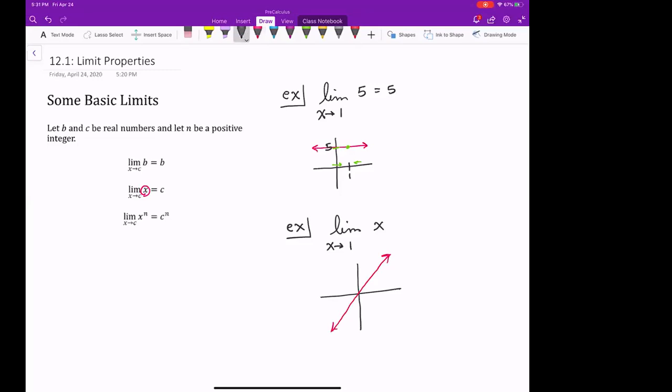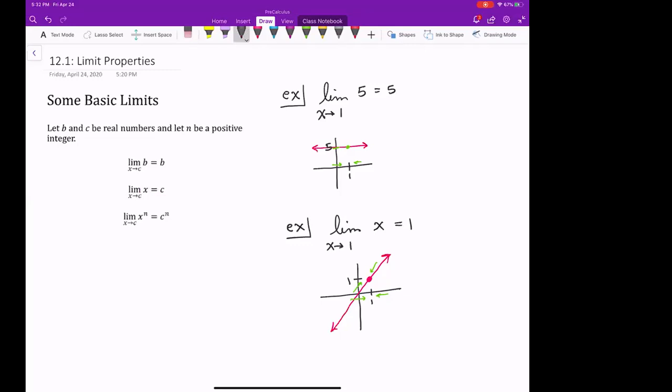If you approach the x value of 1 from both the left and the right-hand side, y will be approaching whatever the value is at that spot, which is also 1. So that property just says if we've got the parent function y equals x, then the limit will always be equal to whatever c is. So in this case, that would just be 1.